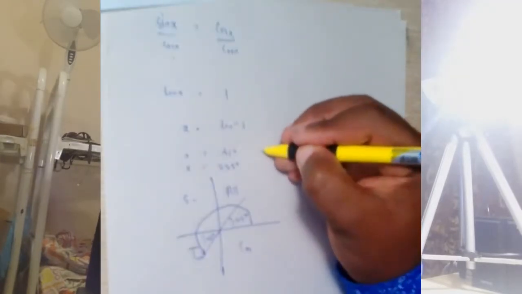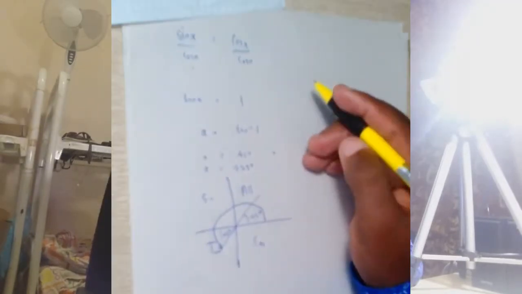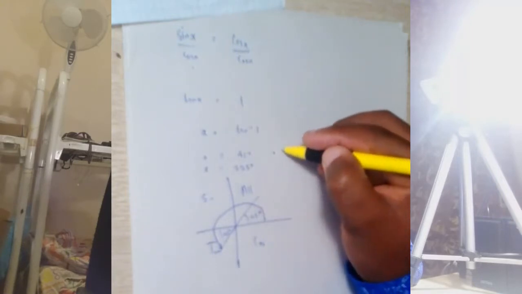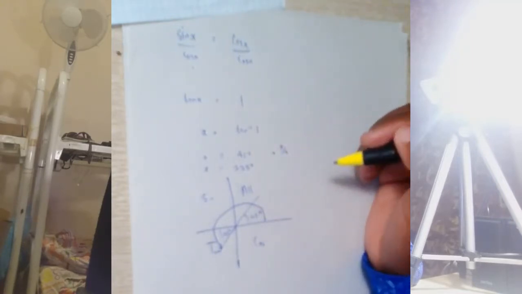So now I can solve my integral, and remember guys, 45 degrees is just equal to pi over 4.